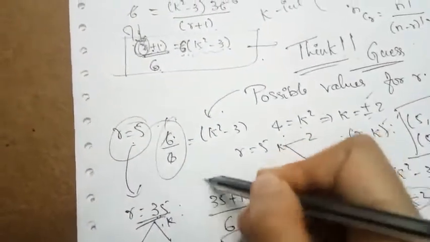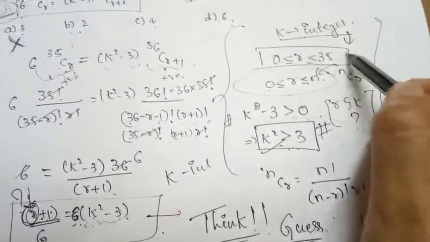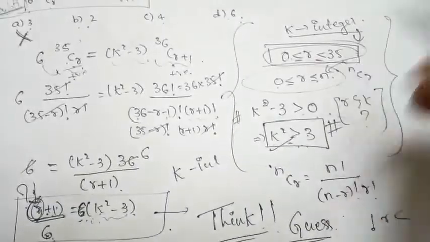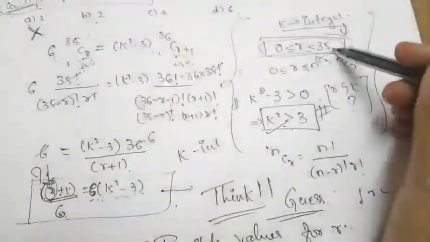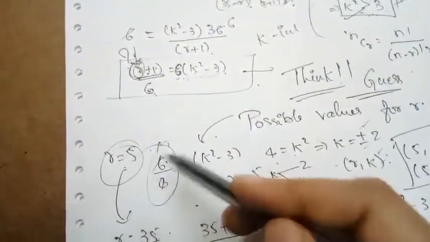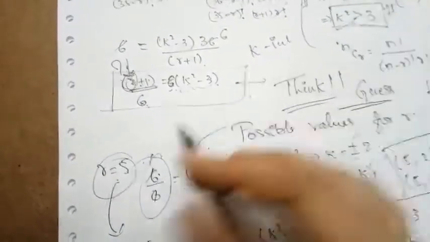So we got two ordered pairs here. Can we guess another R? No. Why? Because our R value is limited from 0 to 35 only, not more than 35. So up to 35, the last value 35 is reached. In between 5 and 35, none of the values satisfy all the terms and conditions.